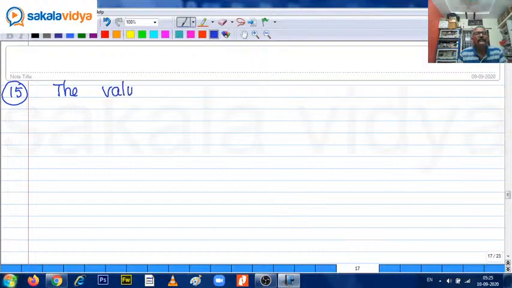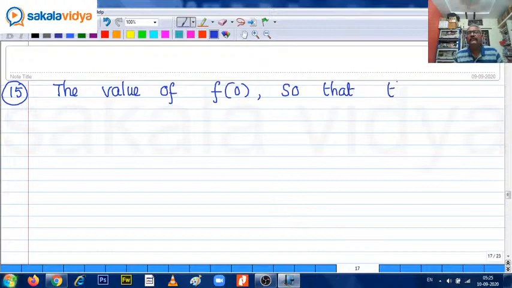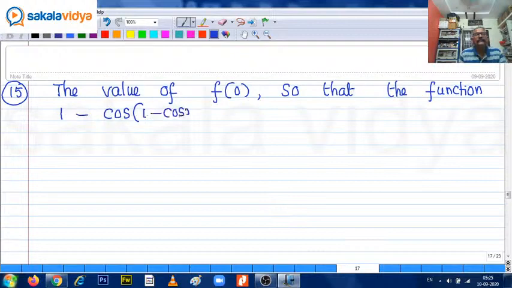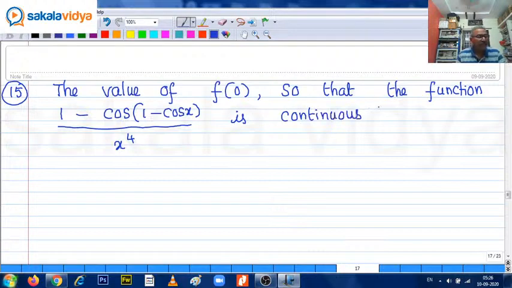The value of f of 0 so that the function (1 minus cos of (1 minus cos x)) upon x to the power of 4 is continuous everywhere, means on the real number system.